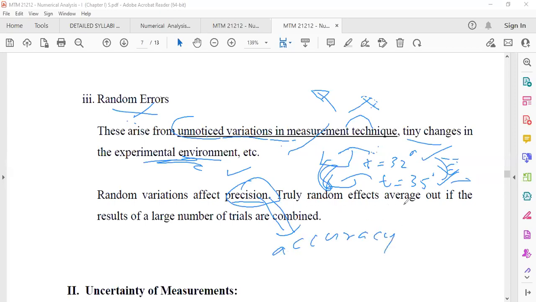Truly random effects average out if the results of a large number of trials are compared. So that's very safe. You can read and understand what it is saying.